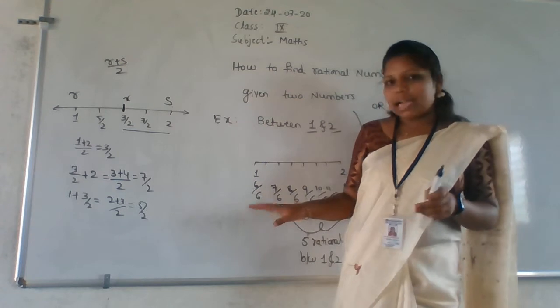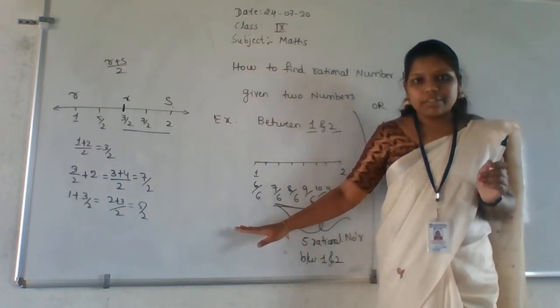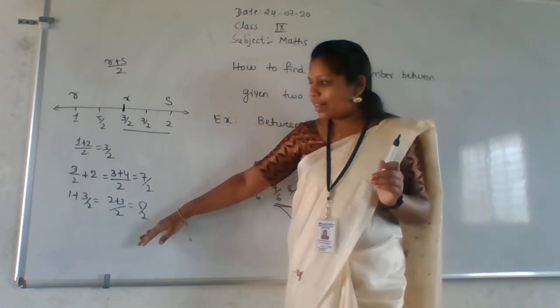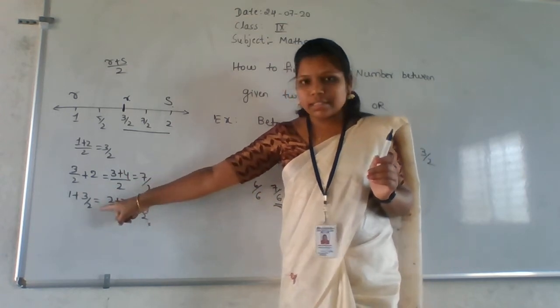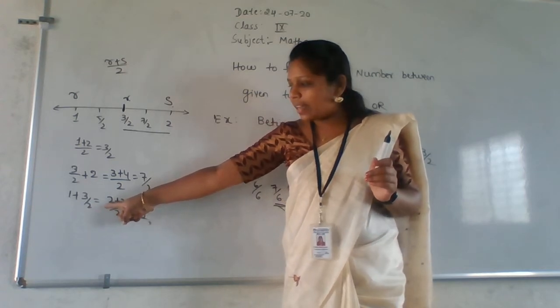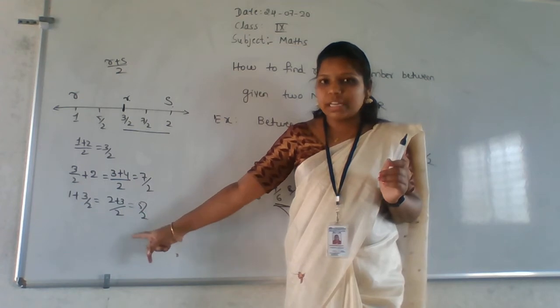I hope, for my purpose, this method is a very easy method. For my thought it is very easy because in the other method, while adding the numbers you may do something wrong, while taking the LCM you will go wrong. There are so many big problems.